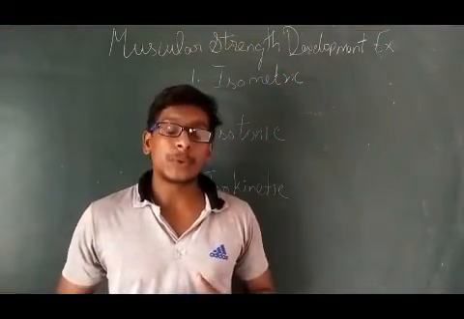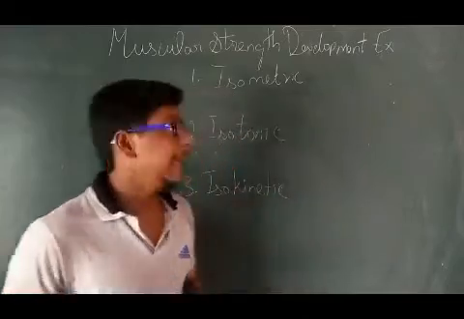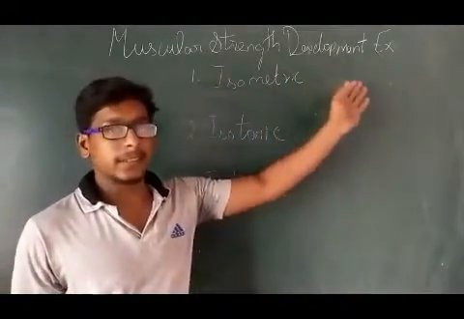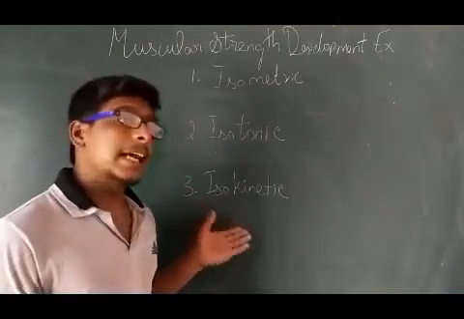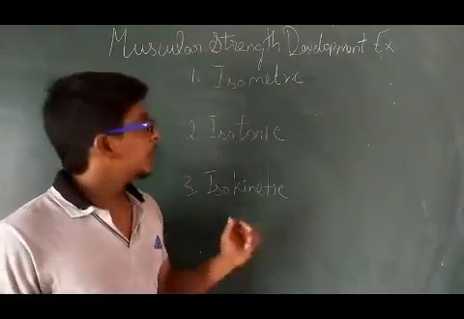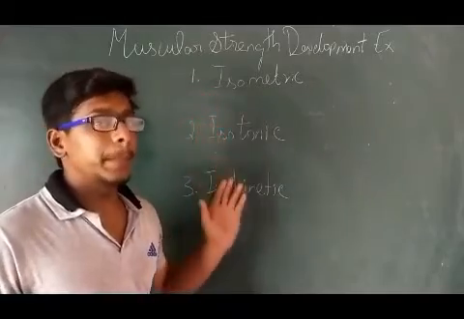There are three types of muscular strength development exercise. They are isometric exercise, second is isotonic exercise, and third is isokinetic exercise. Now we are going to see one by one.